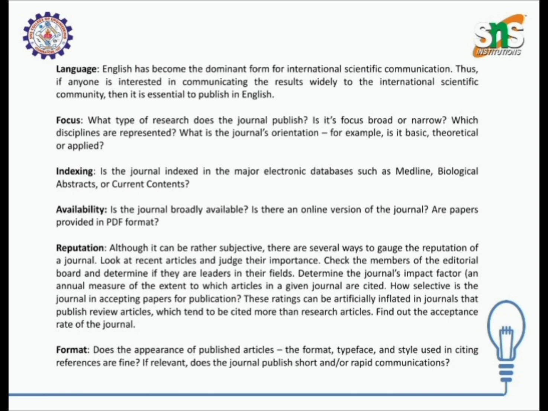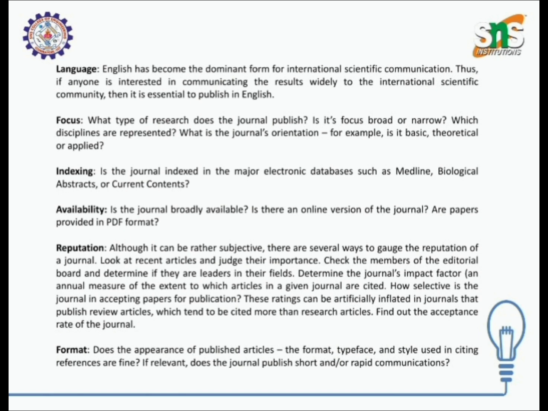How selective is the journal in accepting papers for publication? However, these ratings can be artificially inflated in journals that publish review articles, which tend to be cited more than research studies. And try to find out the acceptance rate of the journal.